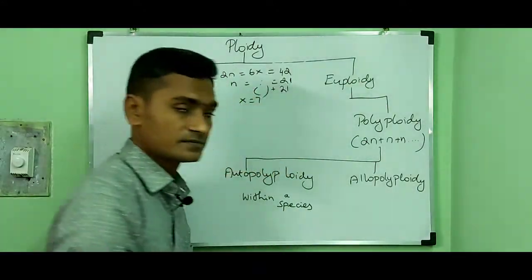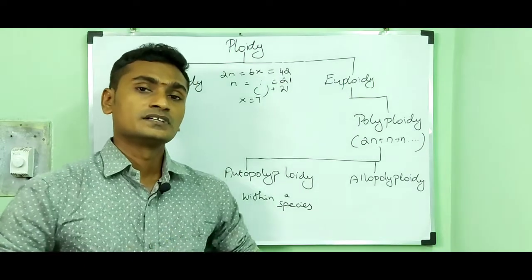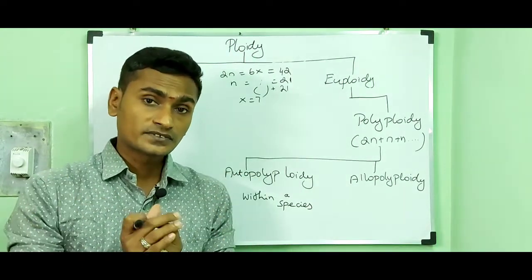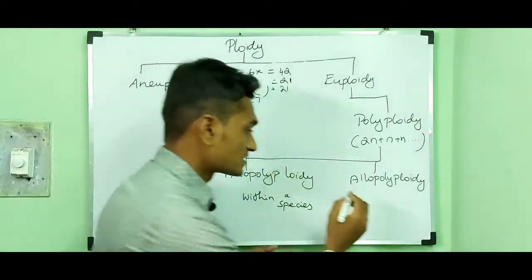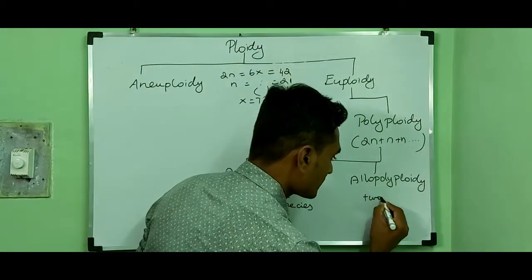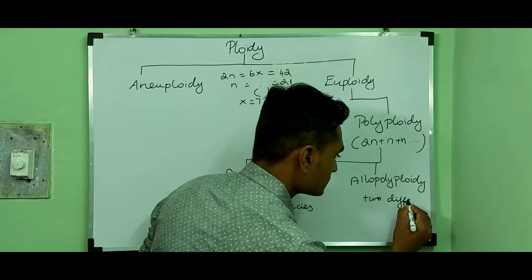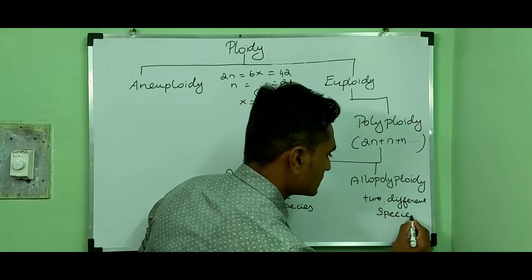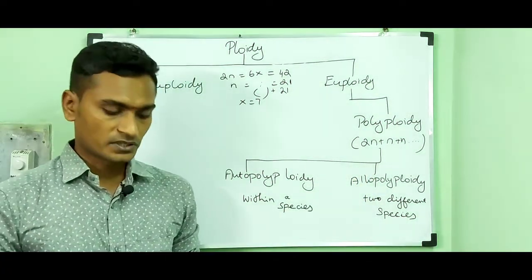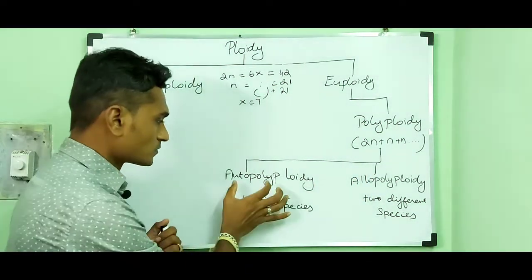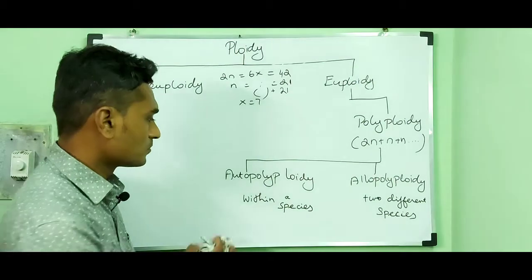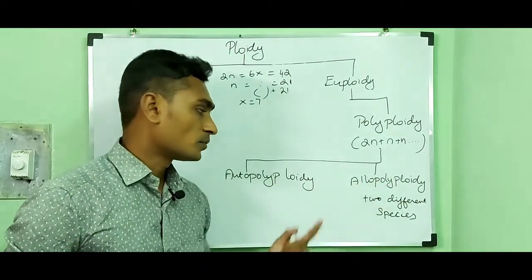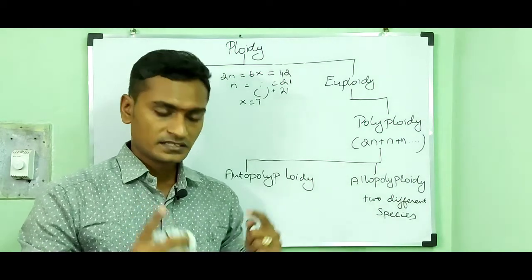Allopolyploidy means the organism possesses more than two sets of chromosomes derived from two different species, and that condition is called allopolyploidy. In this video I am going to tell about autopolyploidy. In the next video I am going to tell about allopolyploidy elaborately in detail.